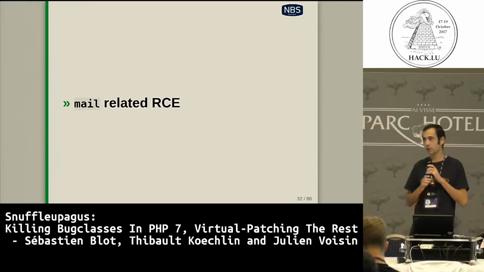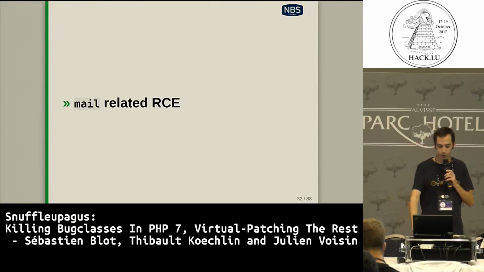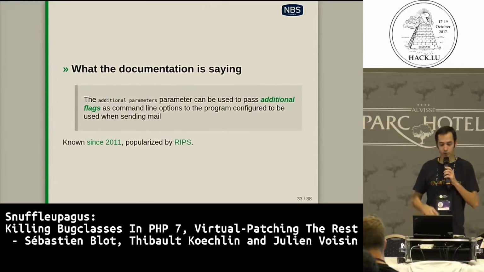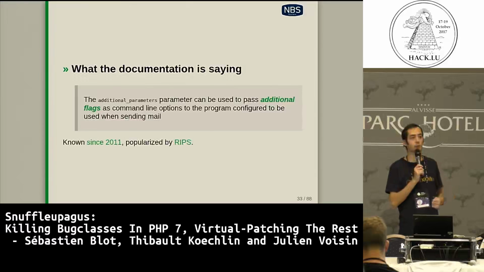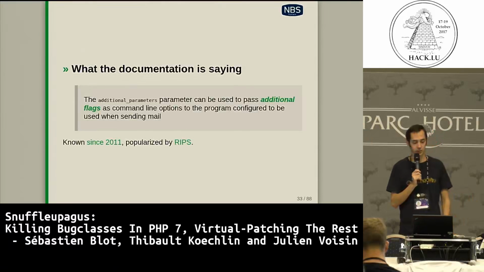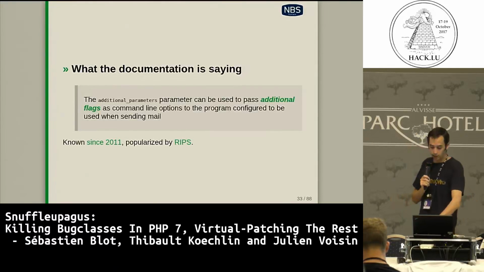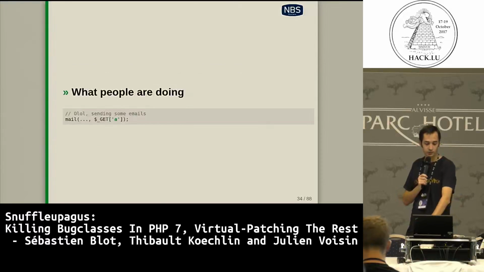System is one example, and I think it's one of the most famous and classical PHP vulnerabilities. Some are less known and were popularized a bit later. For example, for mail, the documentation simply says that you can give additional parameters to the mail call, which are then passed to the MTA on the machine. It was mostly popularized by RIPS quite recently.